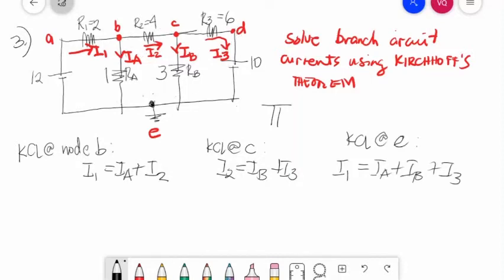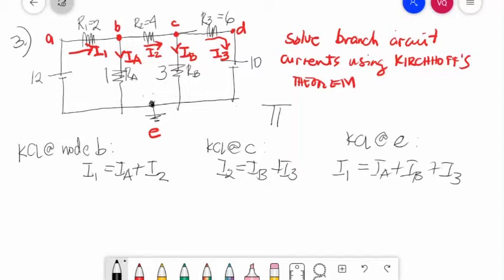So, for all the equations that you formulated, KVL and KCL, you can use those equations in solving the branch circuit currents using algebra. Okay? Hindi mo lahat magagamit yung mga na-formulate mong equations, yung mga relevant lang.